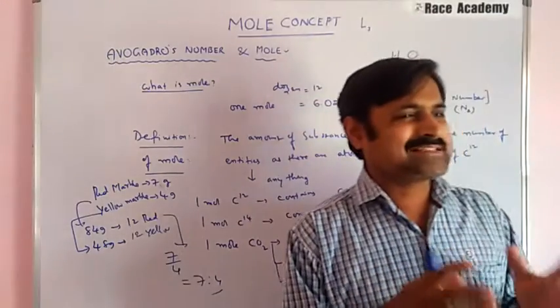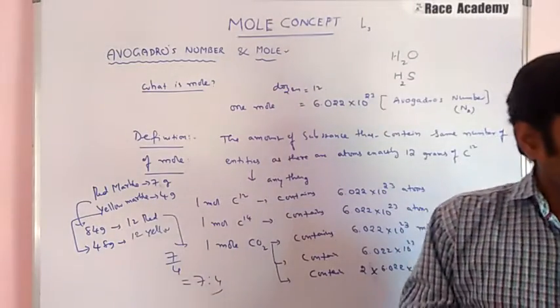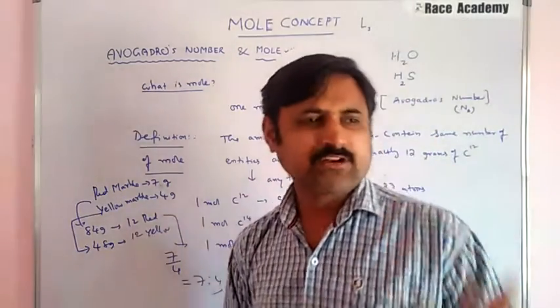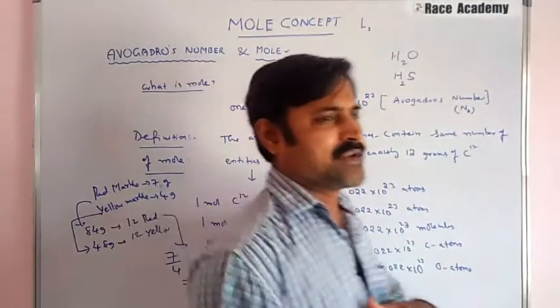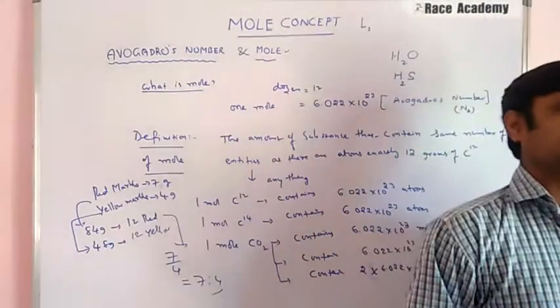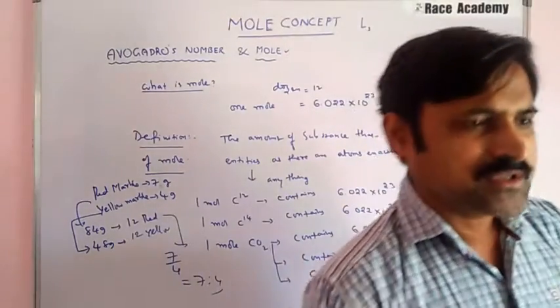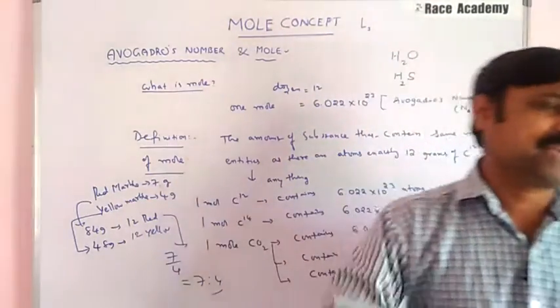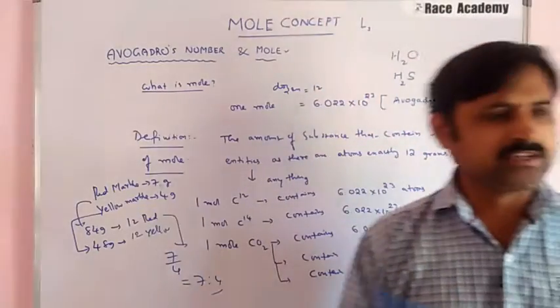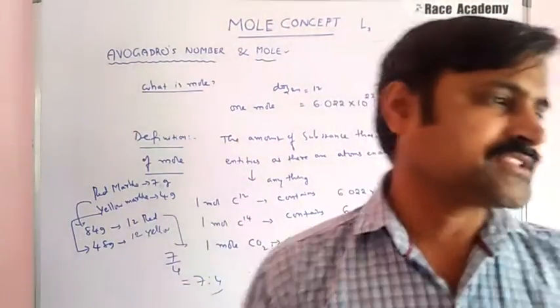By the same token, any given mass of red and yellow marbles always has the same 4:7 number ratio. For example, 280 grams of red marbles contain 40 marbles, and 280 grams of yellow marbles contain 70 marbles. So there also a fixed ratio will be there.